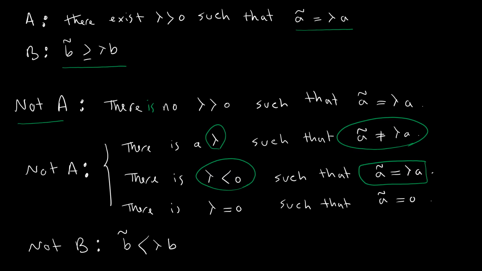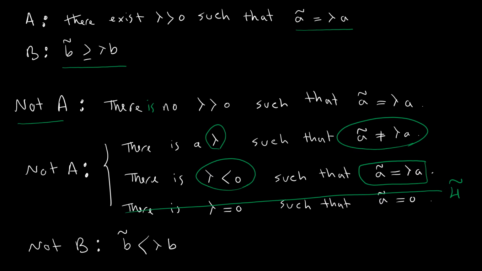We are not going to address this one because if this is the case, then there is no H tilde since A tilde equals 0. And not B means that B tilde less than lambda B. So we are going to have three different cases for which we need to examine if we get a contradiction or not.